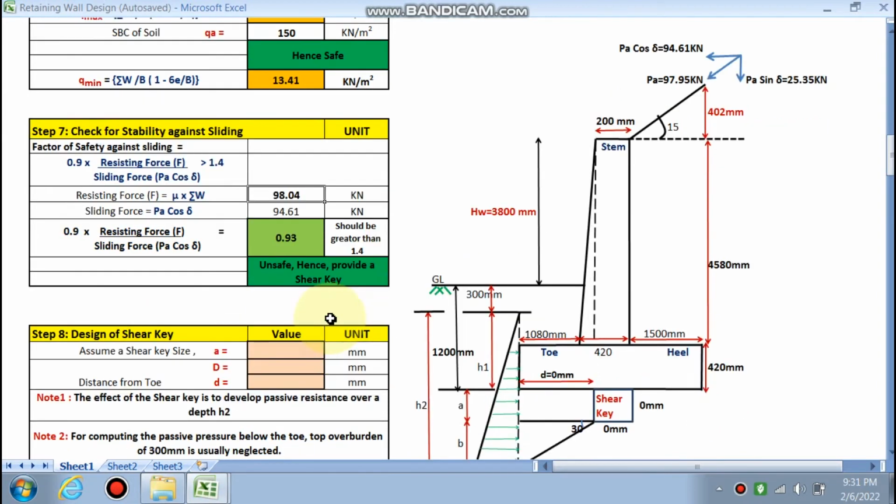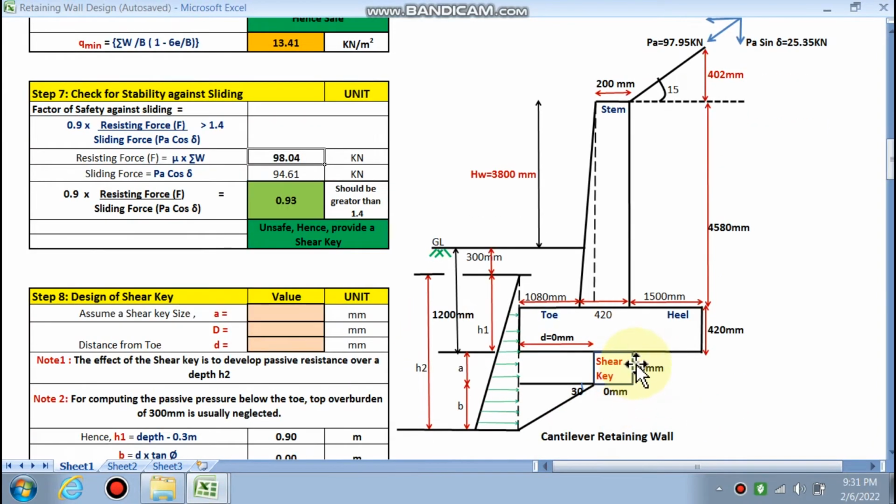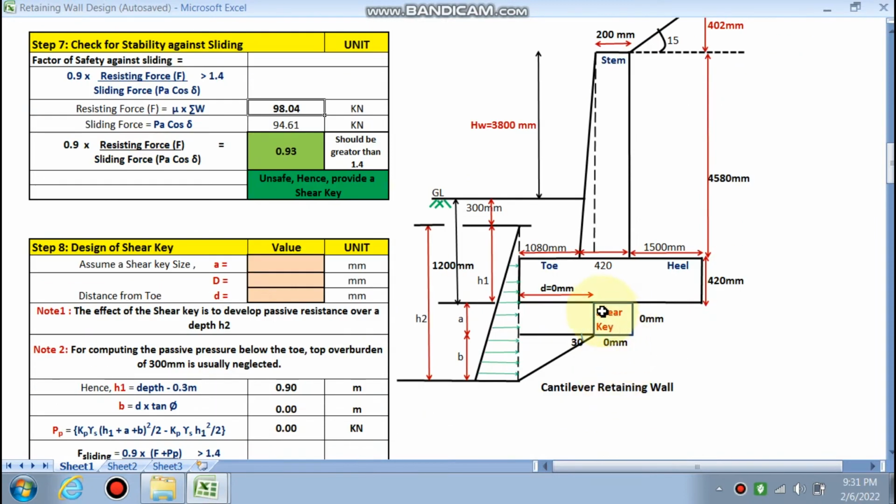We have to design a shear key at the bottom, at the base level. So what is the role of the shear key? A shear key is provided as a cubical type of portion below the base slab, which will resist sliding in the inward or outward direction. So we choose the dimension of the shear key as 300 by 400 mm.